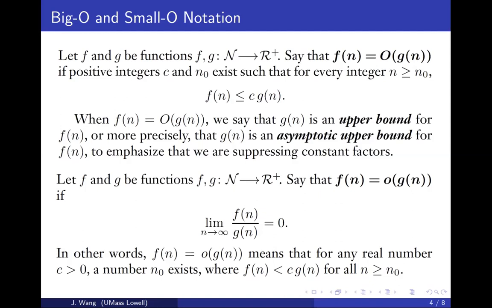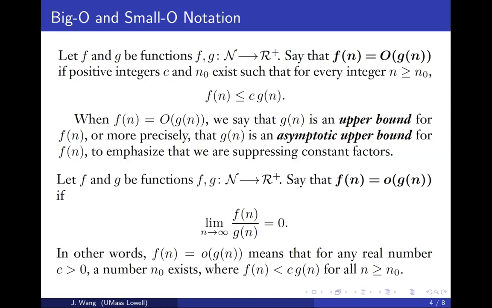Let f and g be functions. We think of them as time complexity functions. Likewise, we can also consider them as space complexity, so instead of measuring steps, you're measuring the number of cells needed to carry out a given computation.